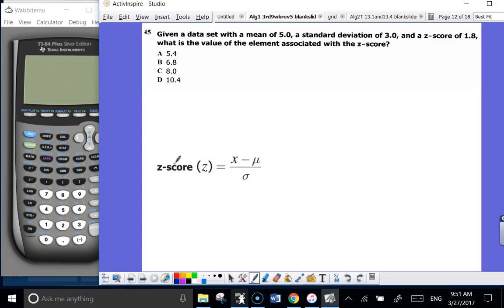So let's see what that looks like. The z-score was 1.8. The x is what we don't know. The mean is 5, and the standard deviation is 3.